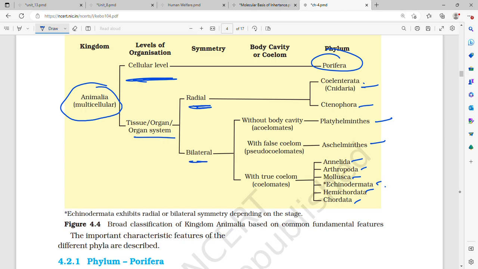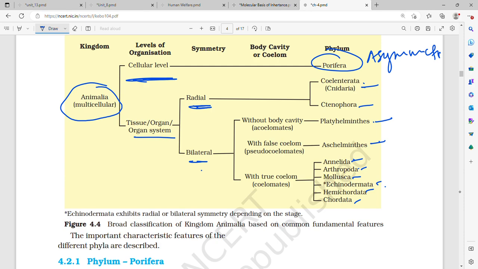Then bilaterally symmetrical is your Platyhelminthes, and Porifera is asymmetrical. Then bilaterally symmetrical is Platyhelminthes, Aschelminthes, Annelida, Arthropoda, Mollusca.